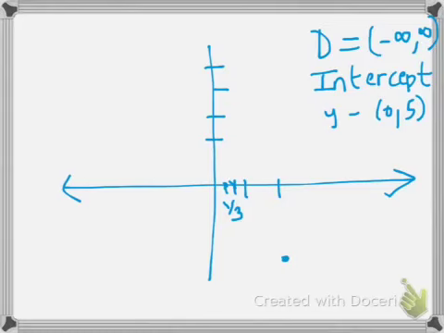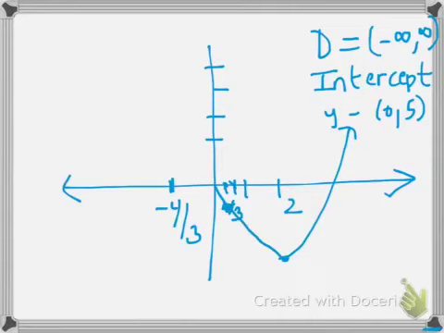So if I want to draw this, it's something like this, and there will be intercepts as well. So this is your local min. At -4/3 is your local max, and -4/3 is right around here. Let's say this is -4/3, this is 2. And somewhere around here concavity changes. It passes through 5, right?